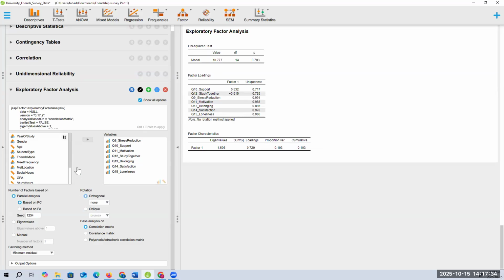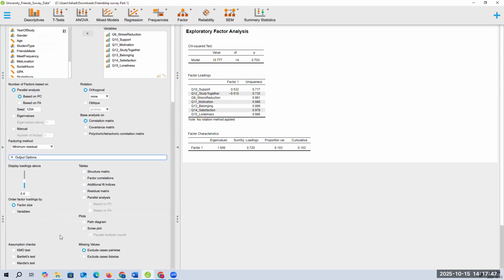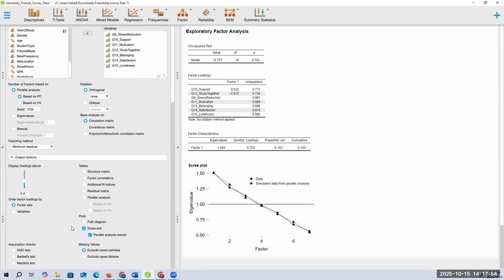Try something else. Okay. 3 plots. That's very interesting. 3 plots.